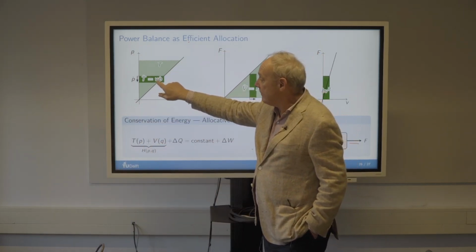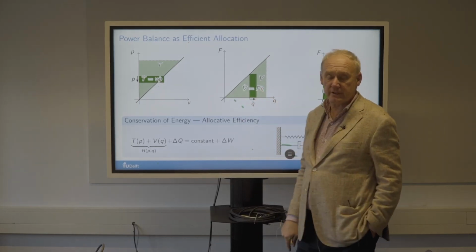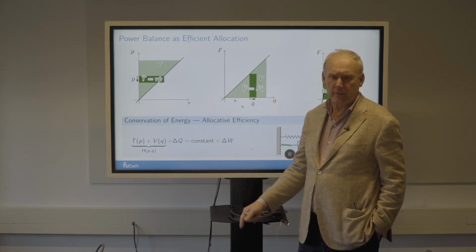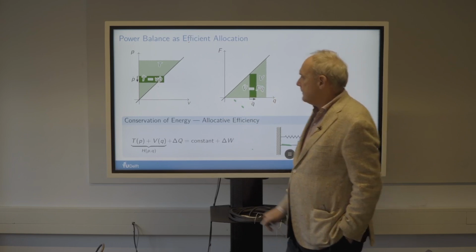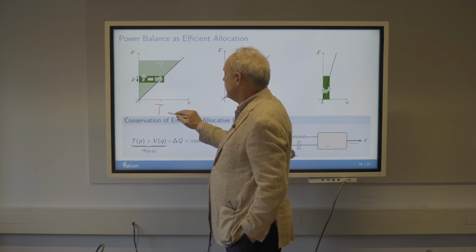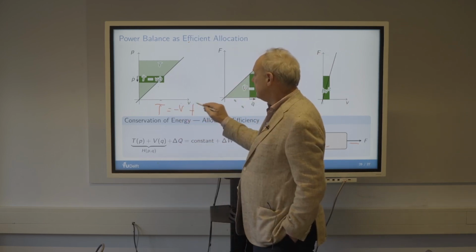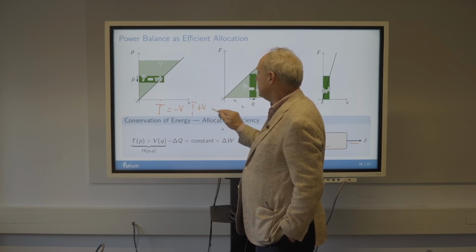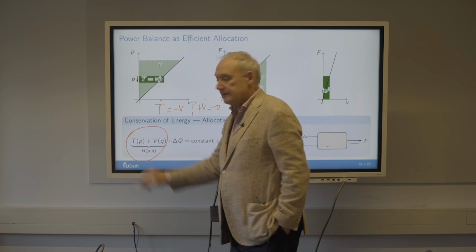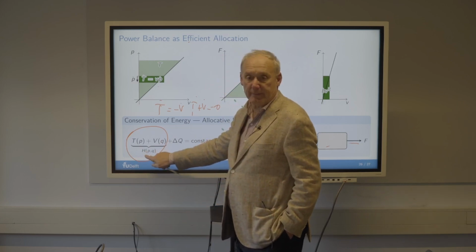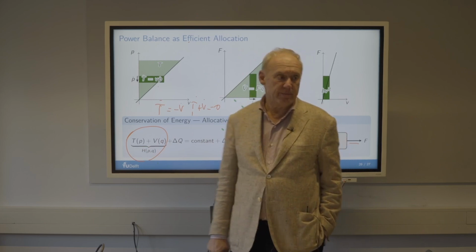Because you need to have that V P dot equals this, okay? Then you have conservation of energy, or power balance, okay? So you get that T dot is equal to minus V dot, right? Or T dot plus V dot is 0. And if I integrate it, then I can get that this sum, which is sometimes called the Hamiltonian or the mechanical energy, right, is a constant, okay?